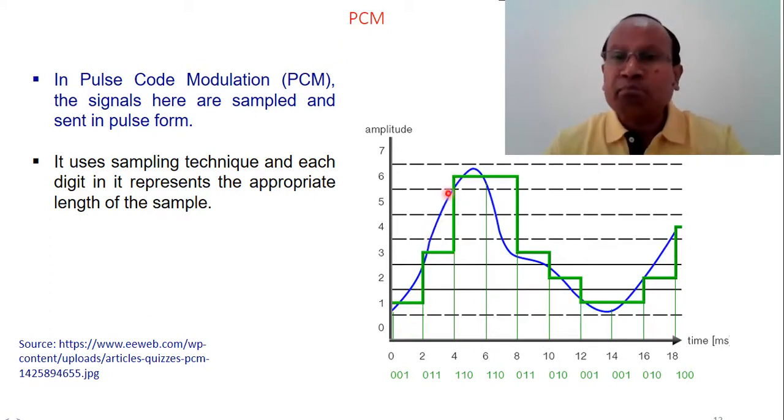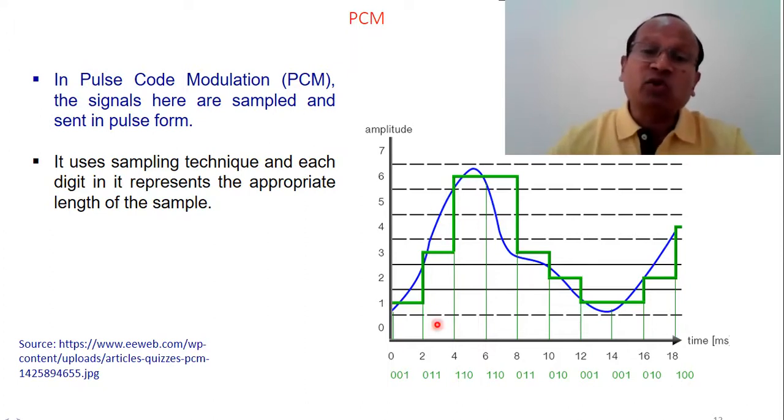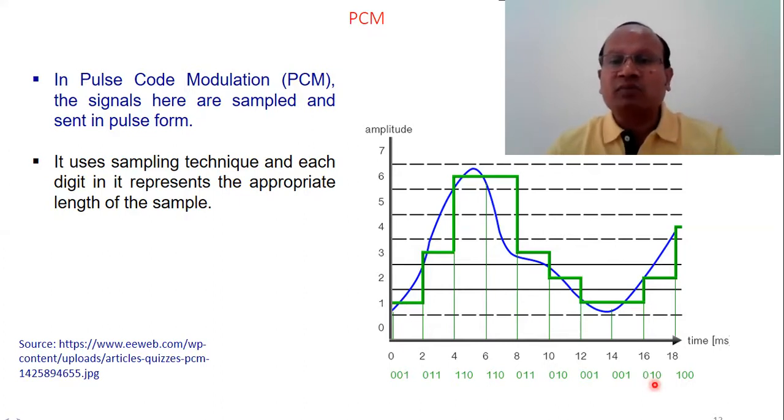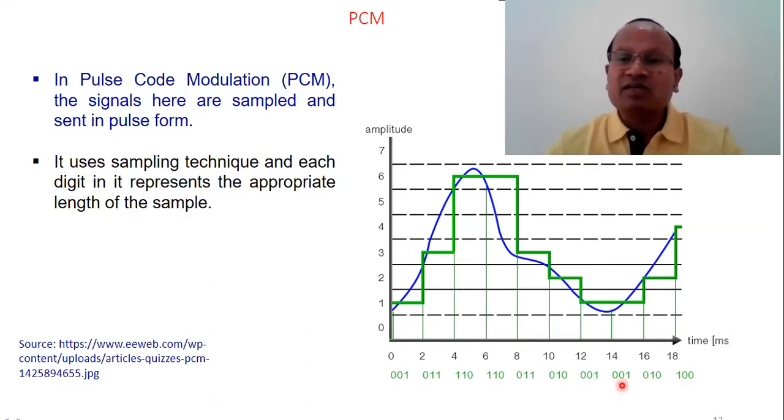But what is important is this pulse: this particular amplitude is represented by 1, 0, 0. This one is represented by 0, 1, 0. This one is 0, 0, 1, then 0, 1, 0, 0, 1, 1, 1, 1, 0.